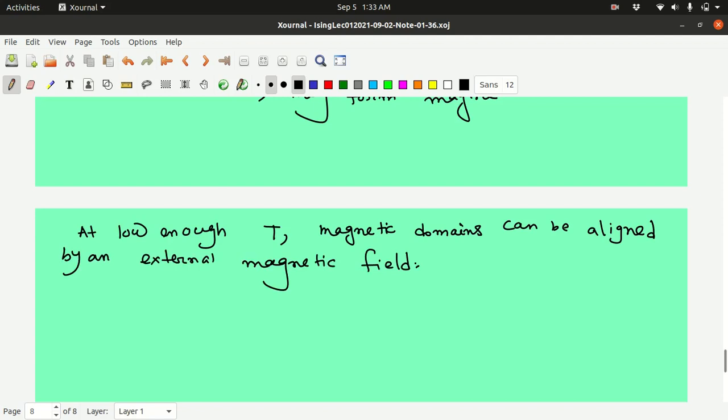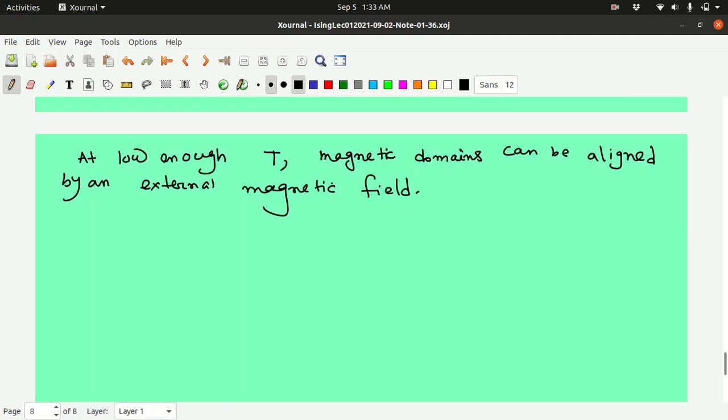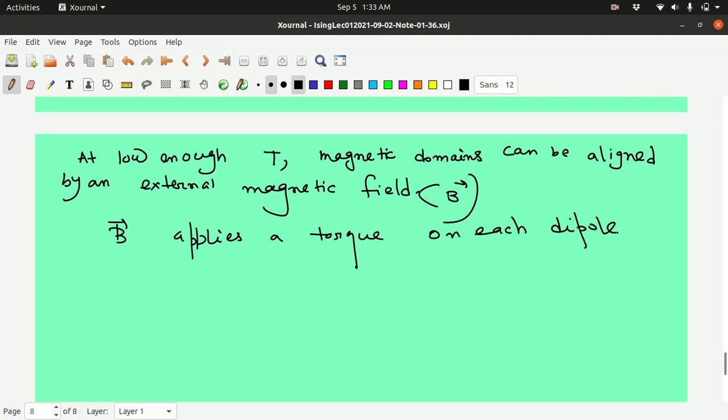So the external magnetic field exerts a torque on the dipole. Let's say I call it B. So this B applies a torque on each dipole, right?